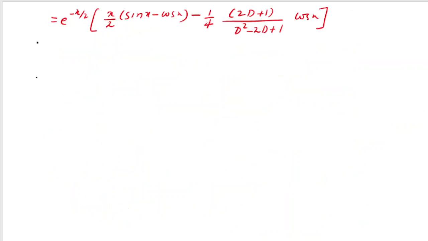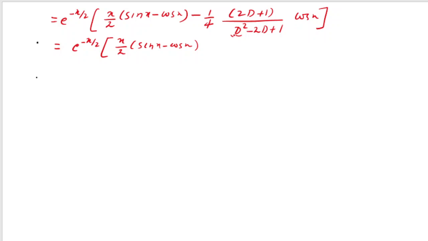Okay, so moving forward, I already have copied the terms over here. So e to the power minus x by 2, x by 2 sine x minus cos x. So I write sine x minus cos x. Okay, and then again this D square should be replaced by minus 1, right?